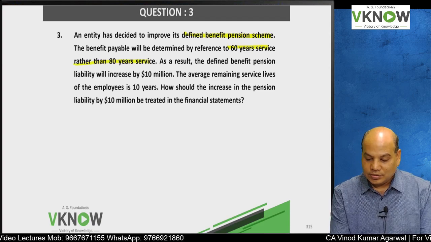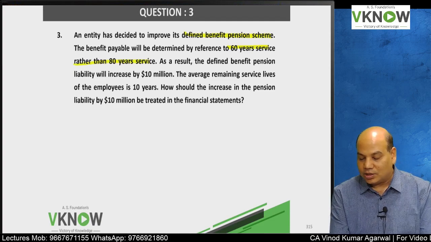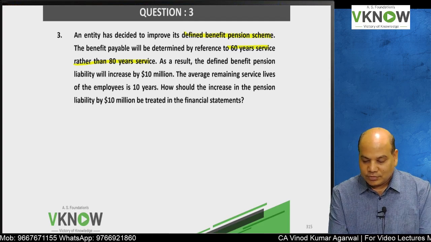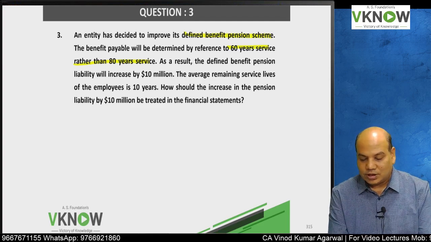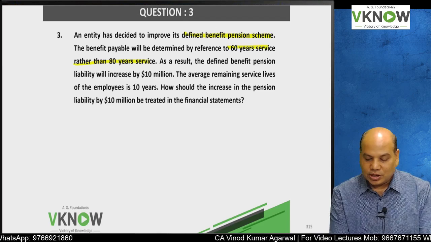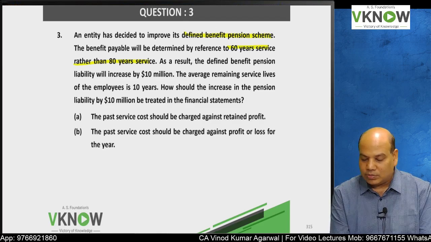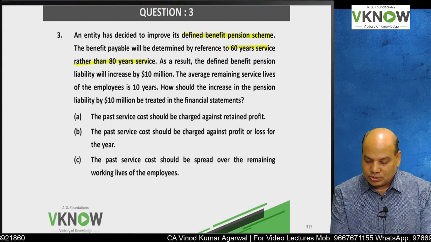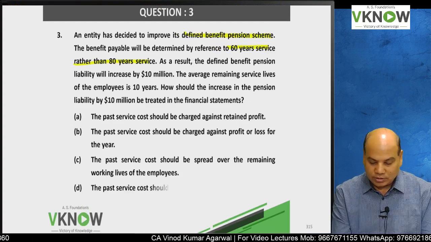As a result, the defined benefit pension liability will increase by 10 million. The average remaining service life of the employee is 10 years. How should the increase in the pension liability of $10 million be treated in the financial statement?